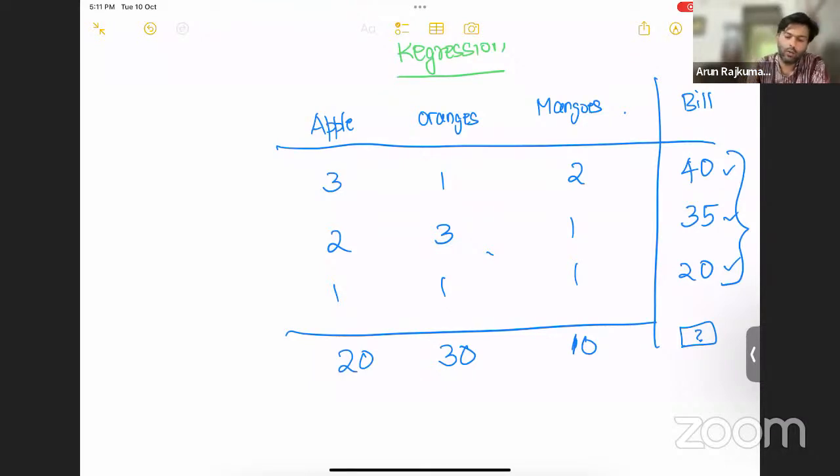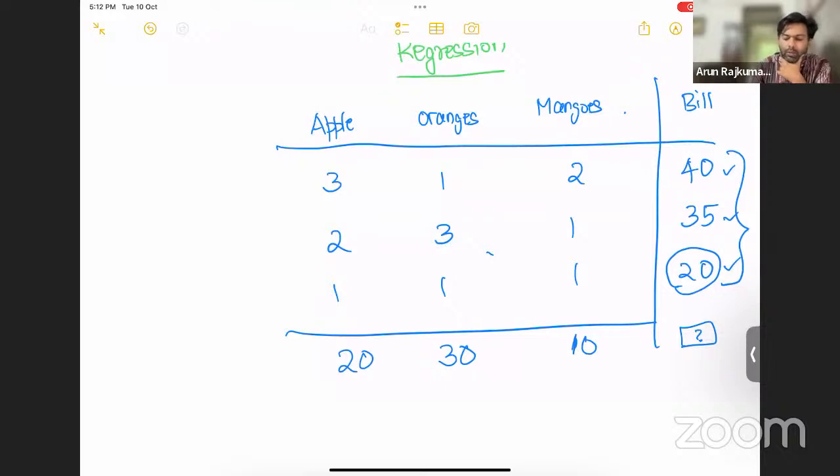Oh, I see. Okay. So you're saying, based on the third day, we bought 1 apple, 1 orange, and 1 mango, and then the bill was 20. And so, why does that mean that apples and oranges and mangoes have to be of the same price? Not all fruits are of the same price, right?